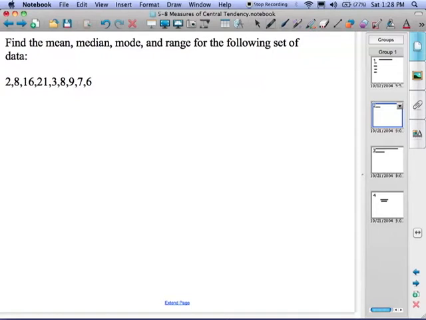Your job is to first and foremost rewrite it in order from least to greatest: 2, 3, 6, 7, 8, 8, 9, 16, 21. So the information is in order from least to greatest.